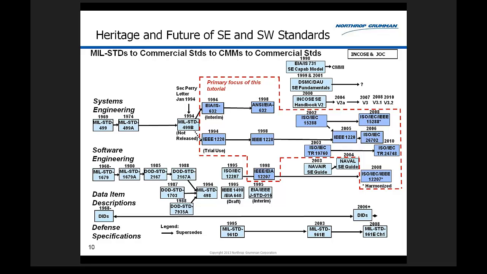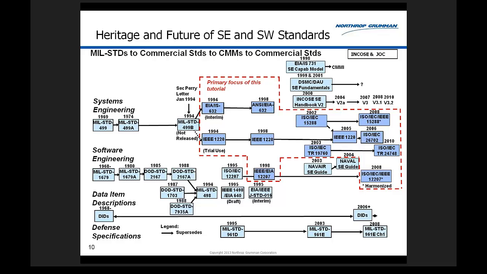So the 499 evolved into 499A in 1974, and then in 1994, the 499B attempted to come out, but it was not released because Secretary Perry issued a letter saying we've got too many MIL standards, and we've got standards for cookie cutters and toilet seats and hammers, and too much cost is involved in our contracts because of all these standards, so take them out and put in the contract only those system engineering efforts and documents and so forth that are really needed.